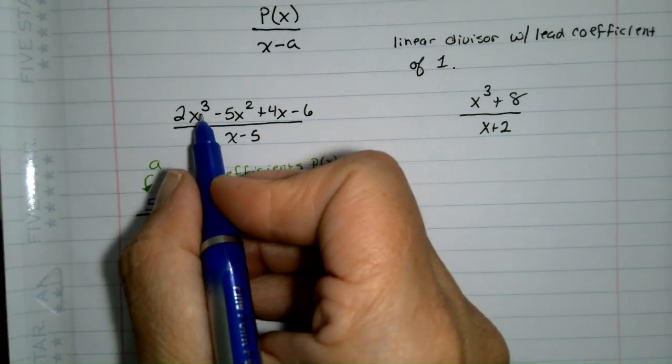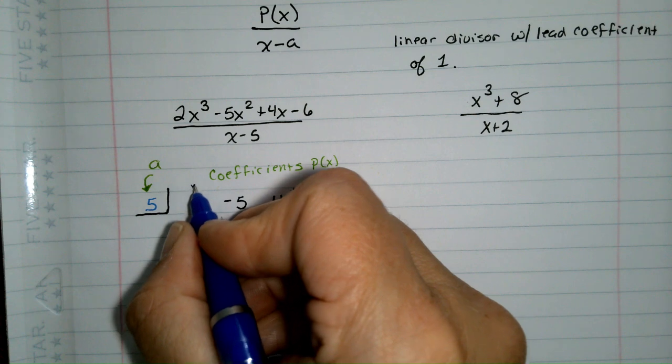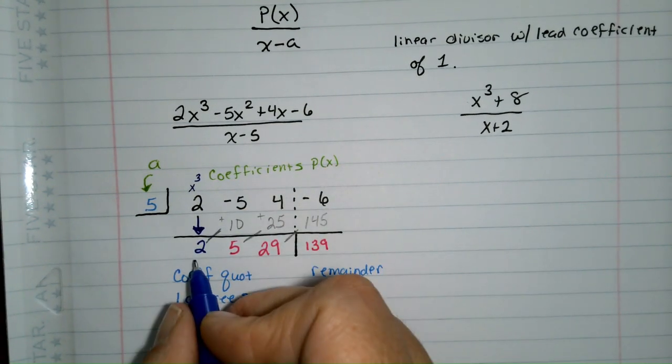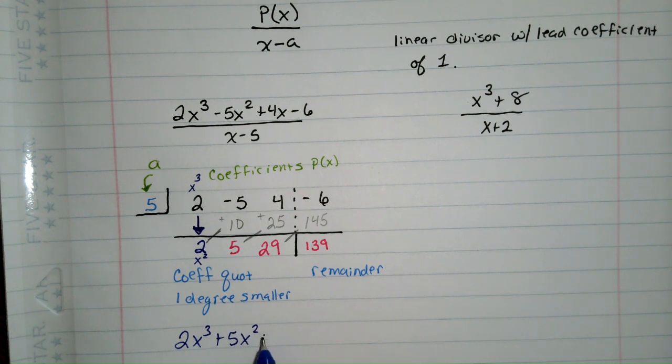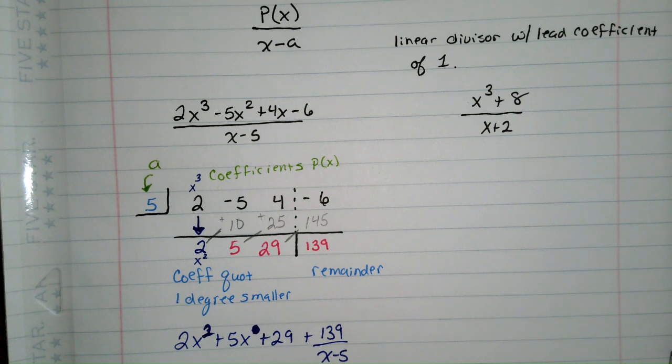So since this started off x cubed, this will be x squared for starting. 1 power less, 1 degree less. So 2x squared plus 5x, forgive me, I was reading that, plus 29 with a remainder of 139 out of our divisor, x minus 5.